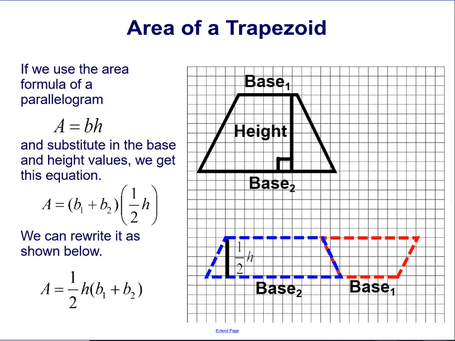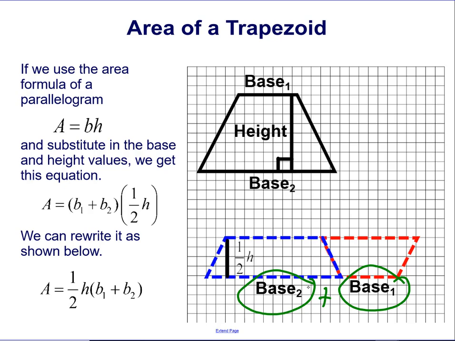Now we can put everything together that we just separated out on the last few slides. If we use the formula of a parallelogram for the area, we have area equals base times height. And we substitute in the base and the height values, we would get this equation. So over here is base 1 and here's base 2.